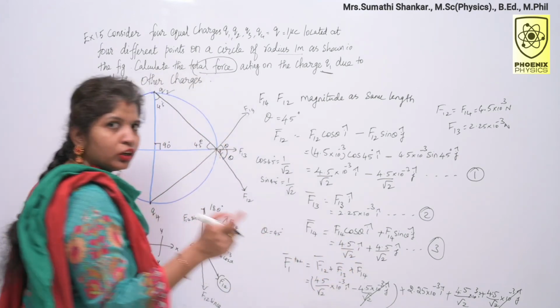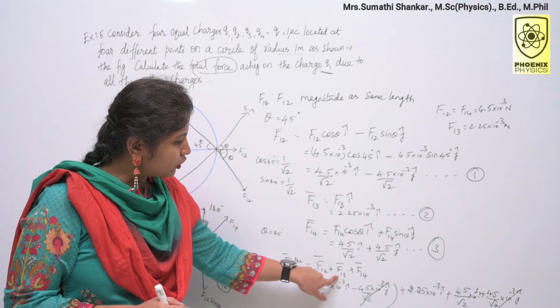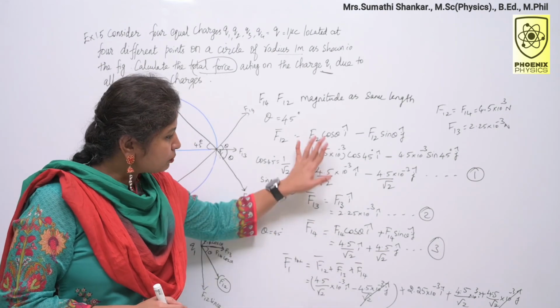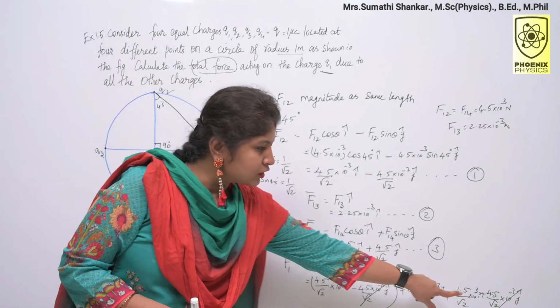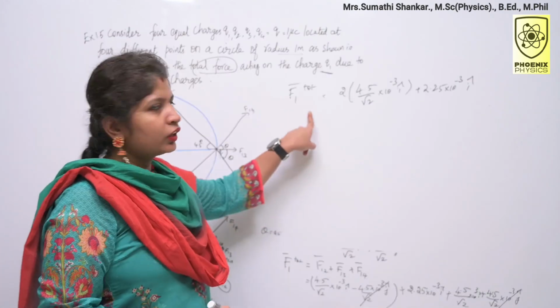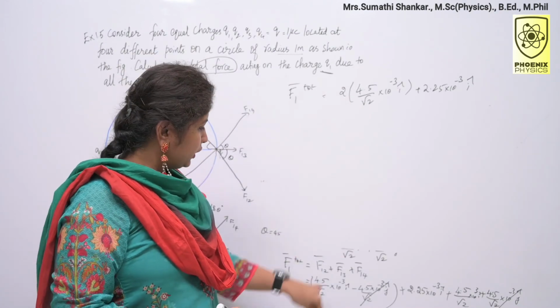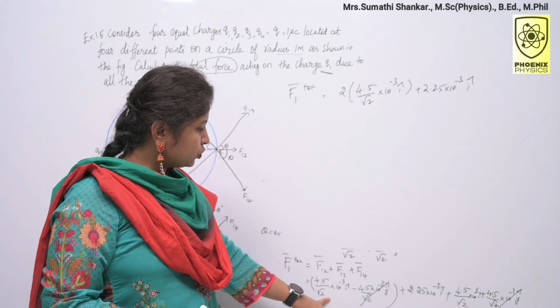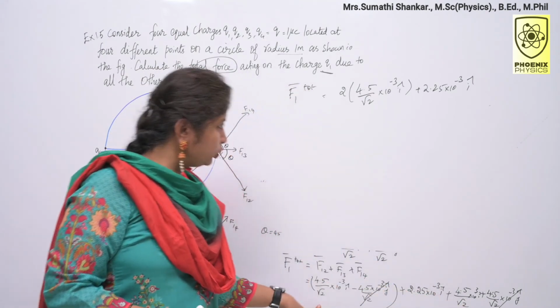You know the total force formula. F1 total is equal to F12 plus F13 plus F14. Substitute all the values. Here this is minus and this is plus, so cancel this. You can get the answer as F1 total is equal to 2 into 4.5. Here I have one 4.5 into 10 to the power of minus 3, and here I have 4.5 into 10, so 1 plus 1, 2.